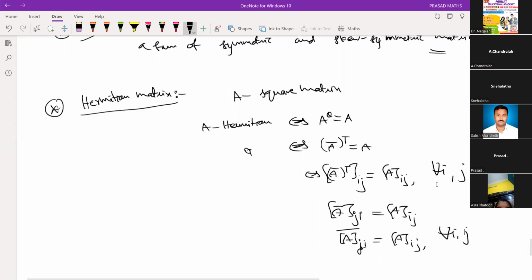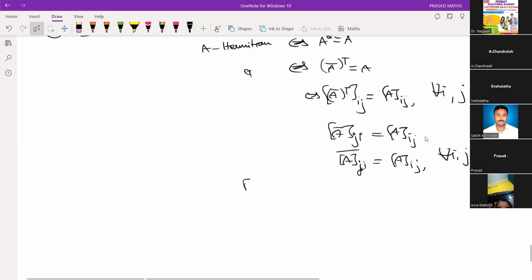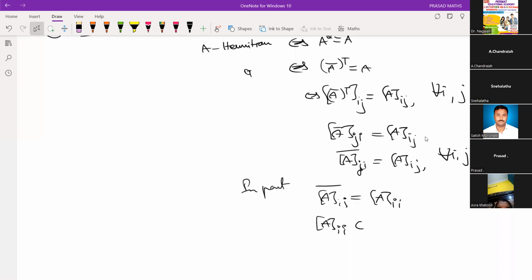In particular, you can take the diagonal elements. What do you observe? This tells you that the diagonal entries are real. In a Hermitian matrix, for the diagonal entries, z bar is equal to z, which means z is a real number.